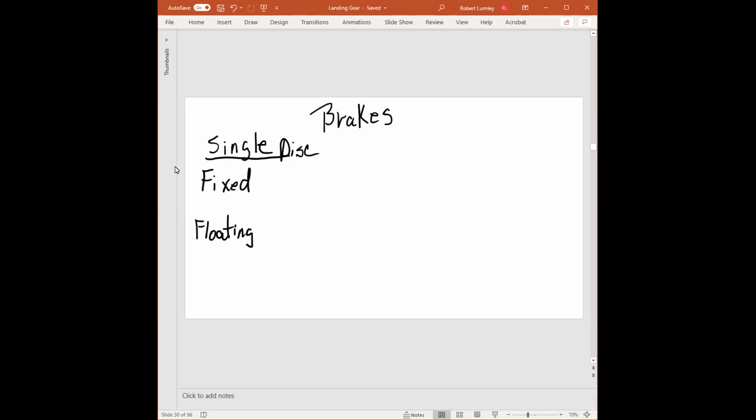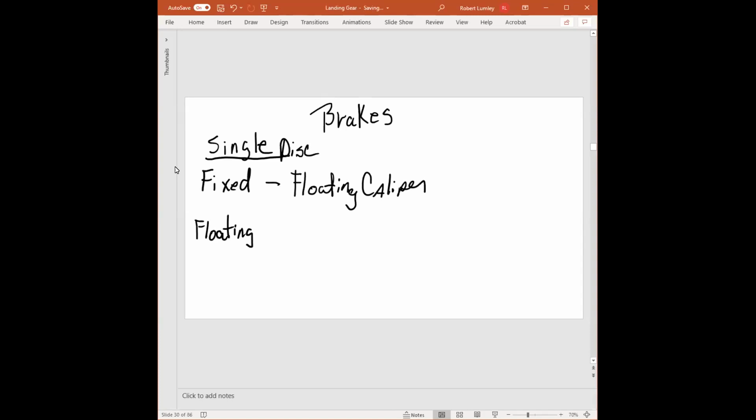Now, the main thing that we've got to know here is, if we have a fixed disc, then we have to have what's called a floating caliper, okay? Because for our brakes, something has to move, okay?